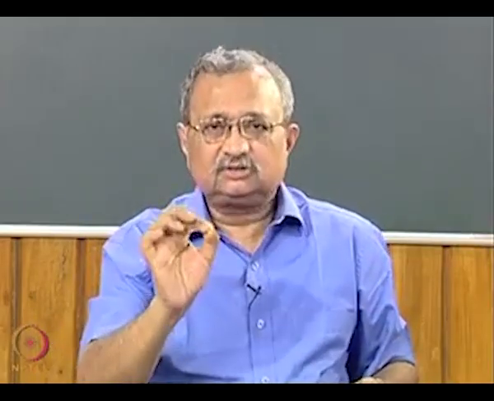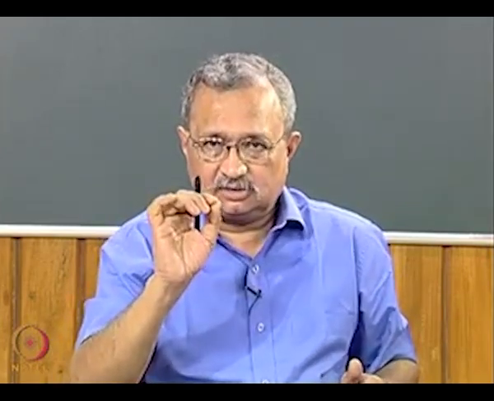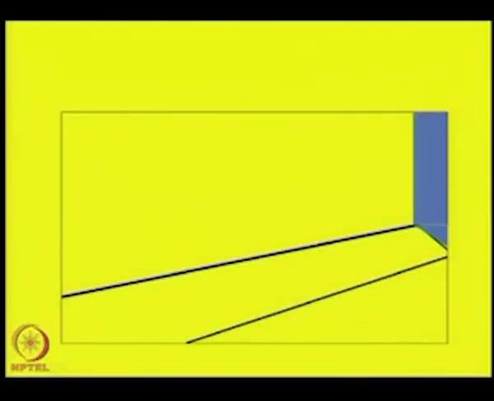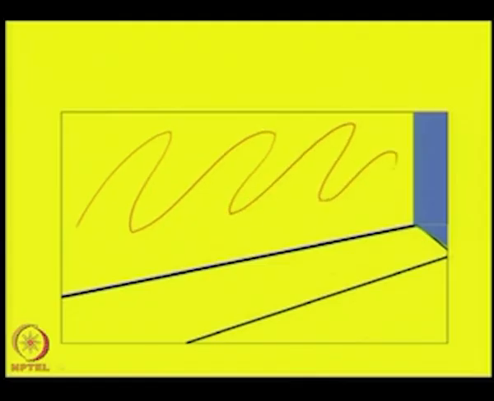Why does it happen? Let us see some of the issues, if we can target this. Suppose this is a counter, this is the glass or opaque area, this is the counter table, and the people on the other side, the long queue, are supposed to make contact through this.